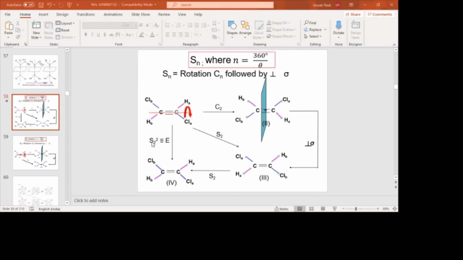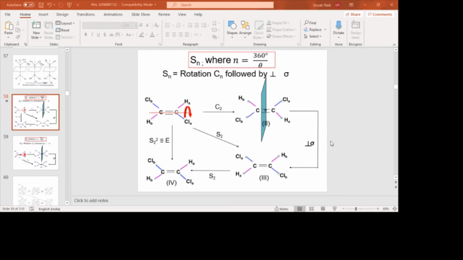In S2, two times of operation will give us the identity, but it is not always right, because if the value of n changes, for example to S3, then depending on that value I have to perform 6 times the operation of S3, and only then will we get the identity. That's why it is not a proper axis of rotation.